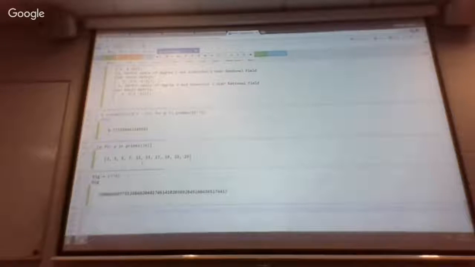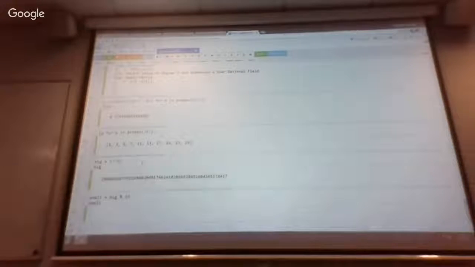It doesn't end in a load of zeros, which could only happen if it had 2s and 5s, and it doesn't have 2s and 5s in 17. So the small will be the big modulo 49. There's a shortcut in Sage to do modulo just using the percent sign. So it's 26. Okay, so the inverse is 26.